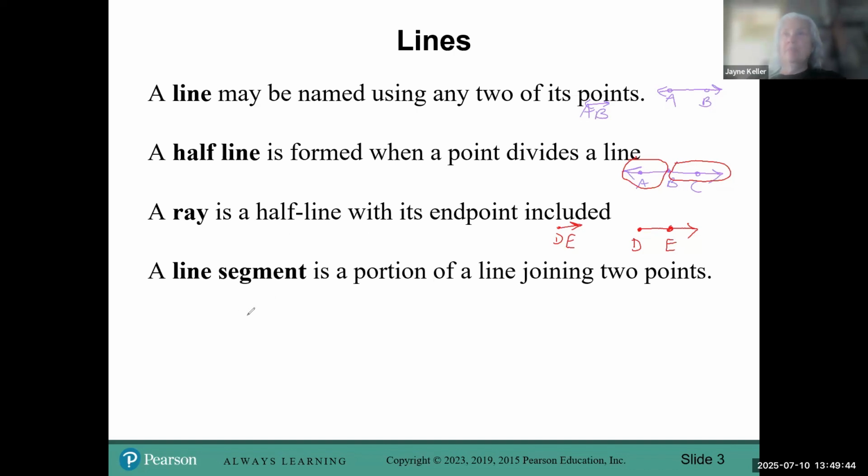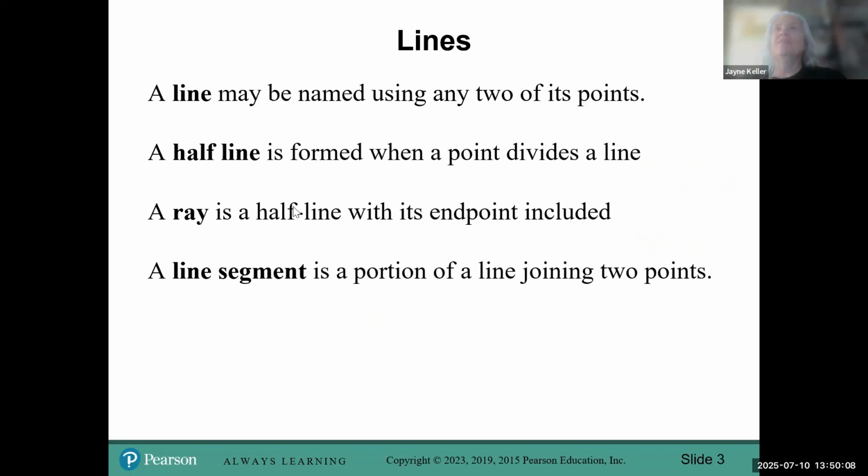And then we have a line segment, which stops. You have those 2 points, and instead of going infinitely in every direction, we stop here. So this is segment JK. Does that sound familiar? You may be seeing some geometry.